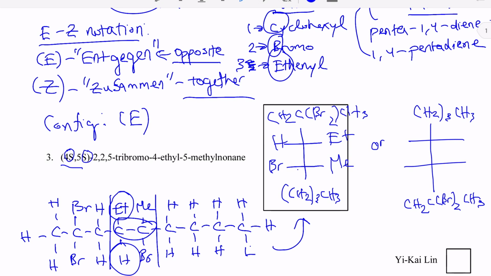For Fischer projections, one of the rules is that if you rotate the entire molecule 180 degrees, right, you basically have the same molecule. It doesn't change the molecule. You don't produce an enantiomer or anything like that. You just get the same exact molecule.